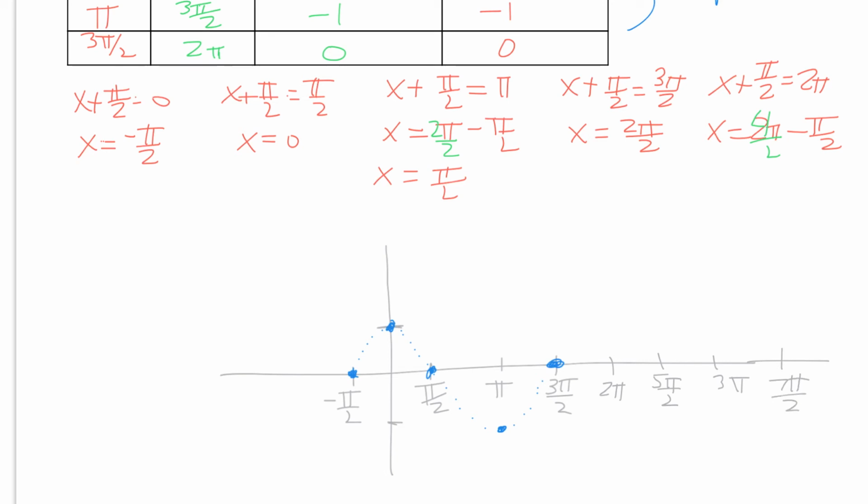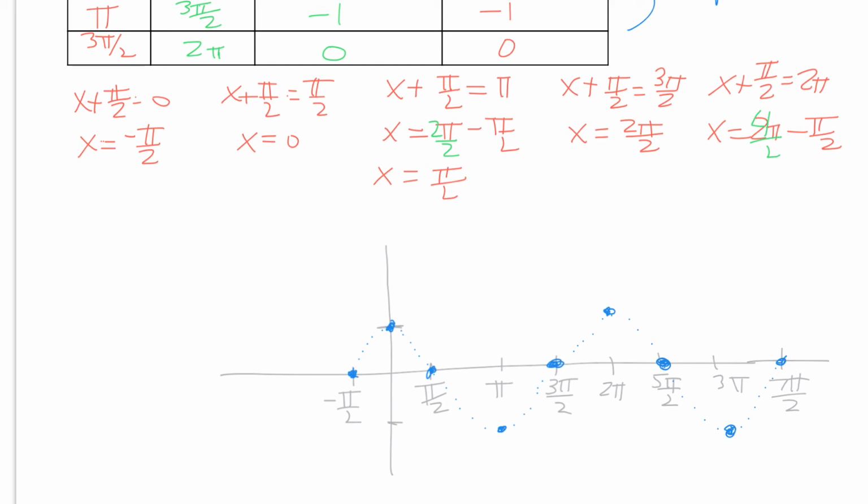So if I continue on with another full period, I'm going to go up at 2 pi following my pattern. So notice I started at 0, I went up, back to 0, I went down, back to 0, so I'm going to go up, then I'm going to go back down to 0, then I'm going to go down, and then back to 0. And I get another full rotation, another full period of my sine graph.